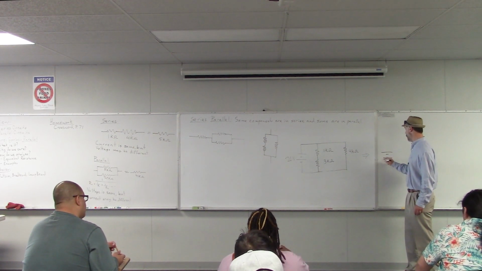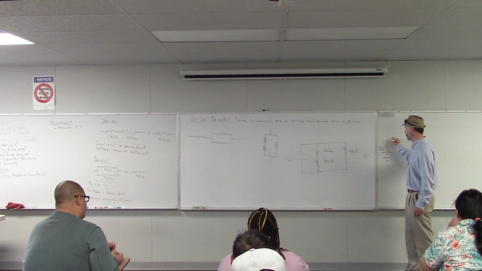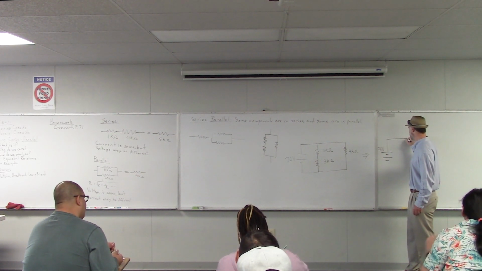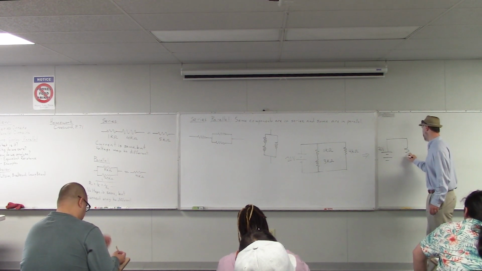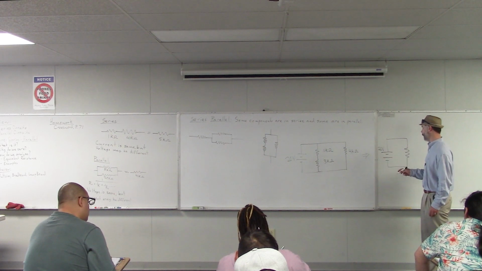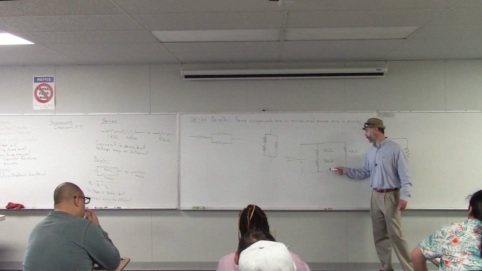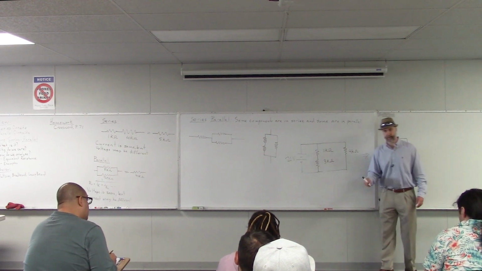So we still have our 20-volt power supply over here. But now we want to combine the 1 kilo ohm resistor and the 3 kilo ohm resistor into their equivalent resistance for series. So what formula do we use when we're finding the equivalent resistance for series?